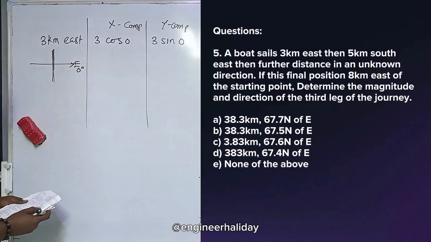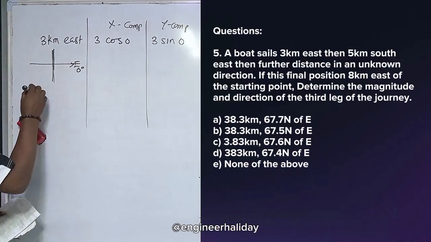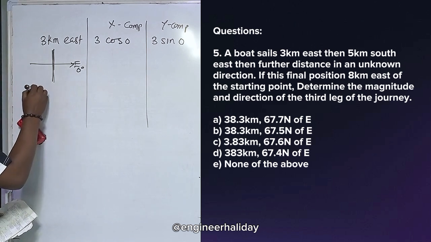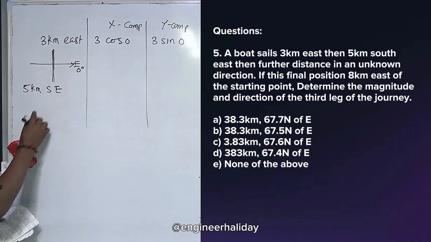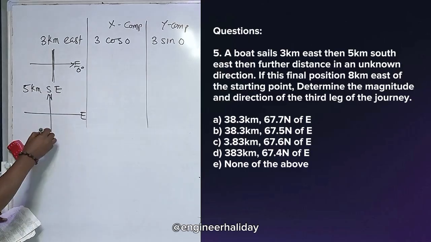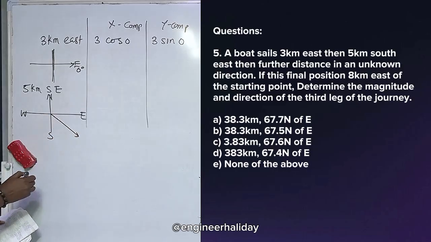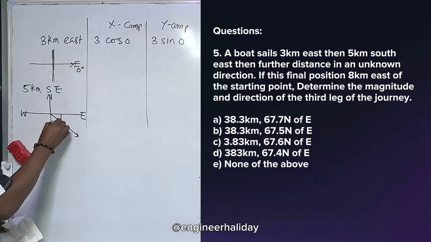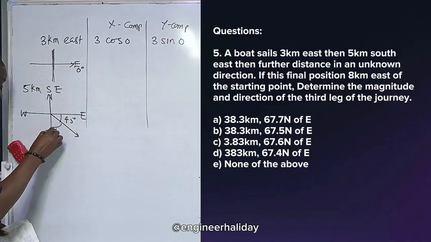5 kilometer southeast. Southeast: this is east, this is north, this is west, this is south. Southeast divides east and south equally, so here will be 45 and here will be 45.